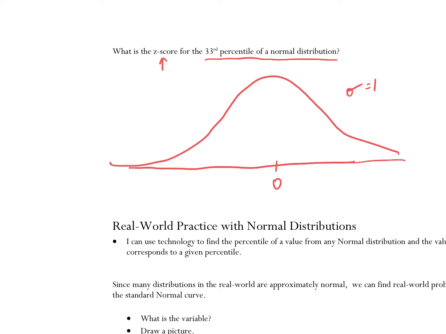You're thinking 68% of those middle, but percentile has a very specific definition: the percent is that value or lower. Okay? So if something is the 33rd percentile, I don't know what it is. I'm going to put a z right here because I don't know what it is. But I do know that the area smaller than it is 0.33.